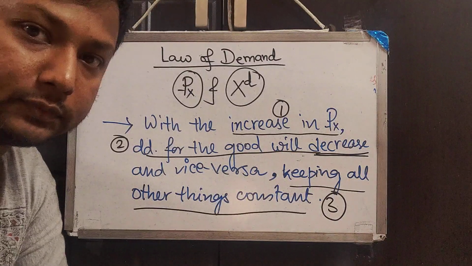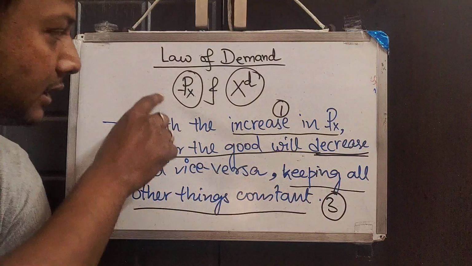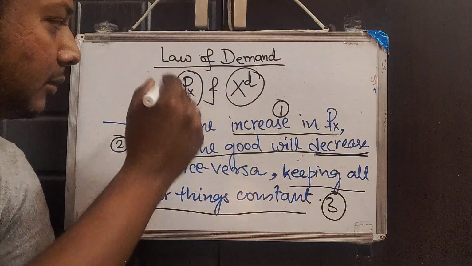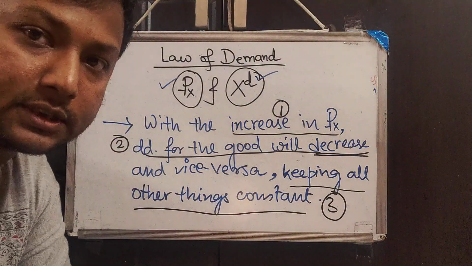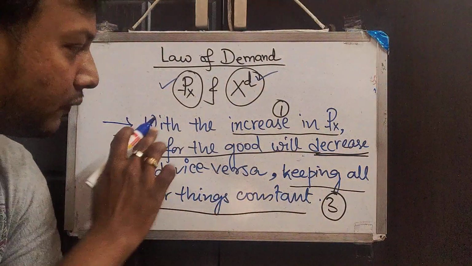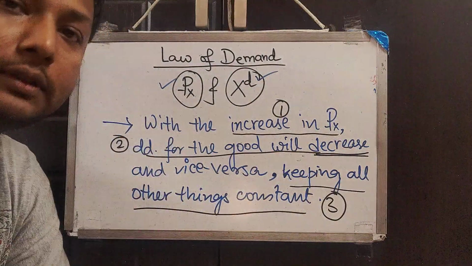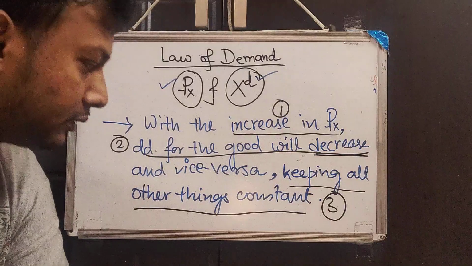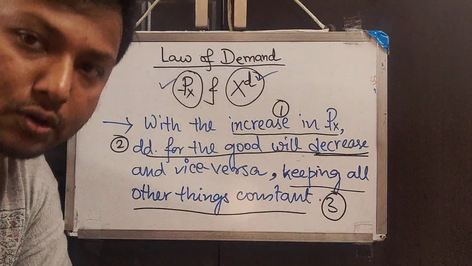So again, I'm saying that what is the law of demand? The law of demand is concerned about two variables: price of the commodity and demand for the commodity. What is the statement? The statement is with the increase in the price of the commodity X, demand for the commodity X will go down, and vice versa, keeping all the other things constant.